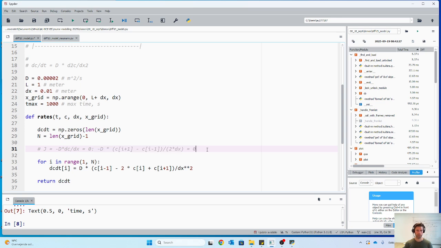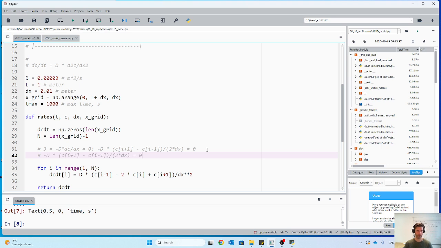Then at the left boundary, we can put in the actual index. So that would be i equal to 0 because it's index 0 at the left boundary. And we now have this point minus this point. And here I actually mean the point that is to the left of the left boundary. So this is outside our model domain. And therefore we also call this point a ghost point.